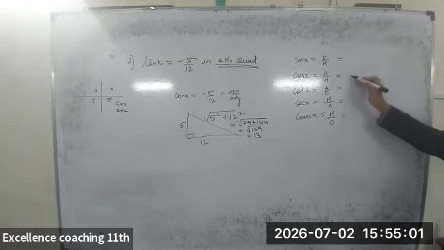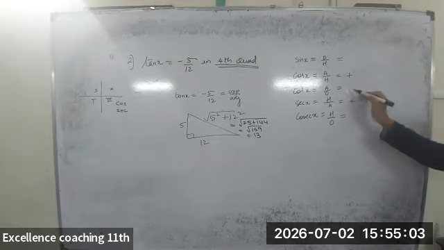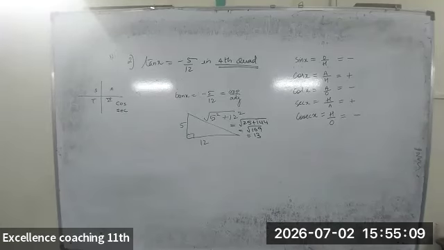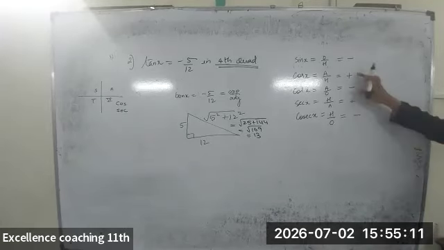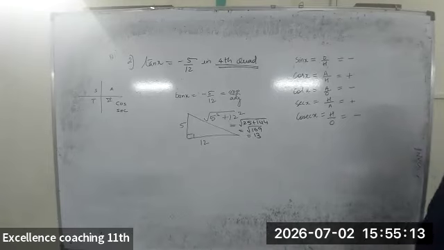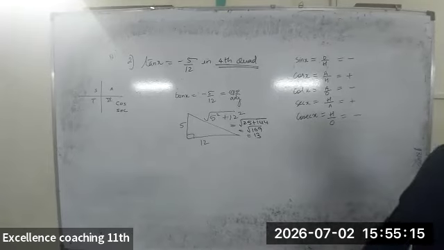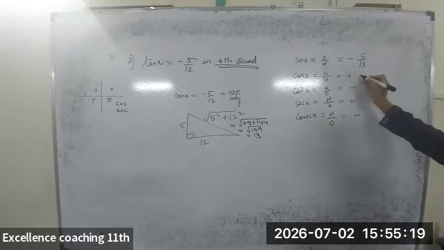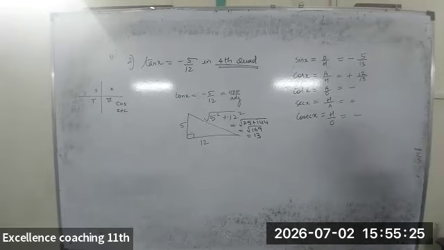You know that cos is positive and sec is positive, and the remaining all will be minus. Only put cos and sec as positive and write; the rest will all be minus. And then just substitute opposite upon hypotenuse, adjacent upon hypotenuse.